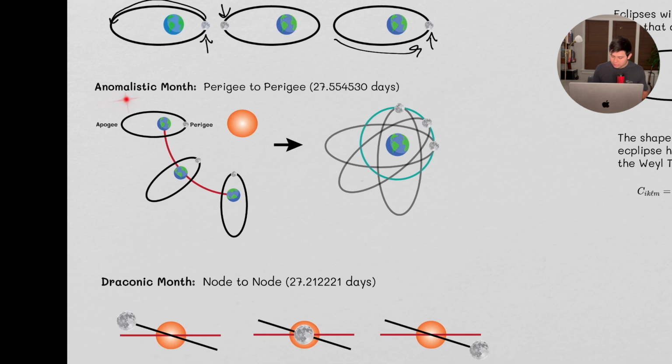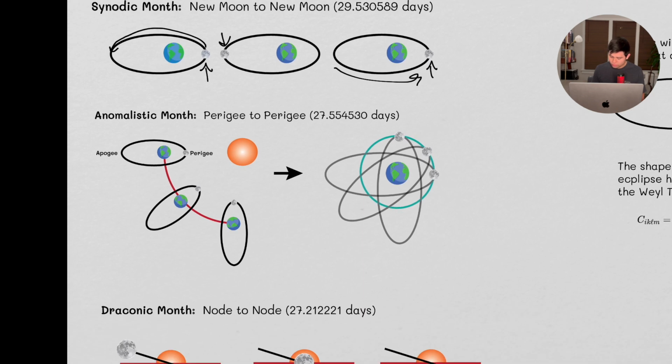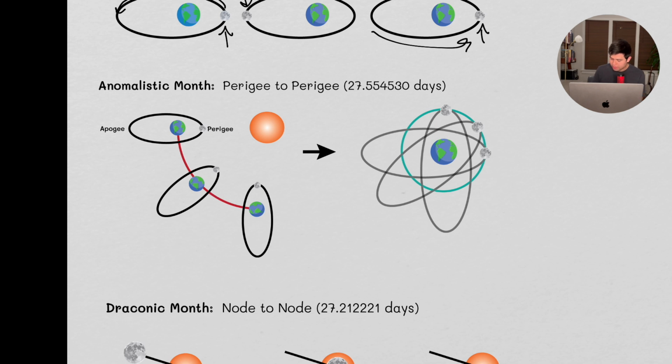The anomalistic month goes from perigee to perigee. Now this is a little bit different in that it's around 27.55 days. So it's different from 29 days. And you might think this is a product of the Earth rotating around the Sun, because the perigee actually changes around the Sun.